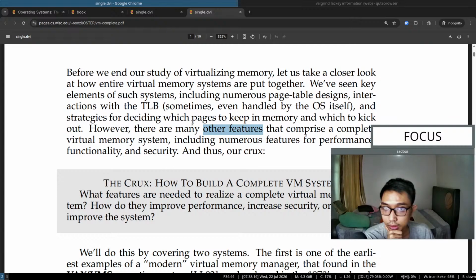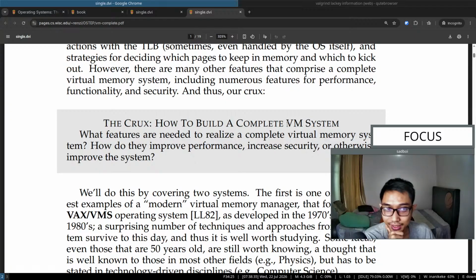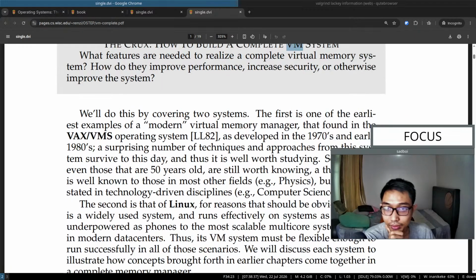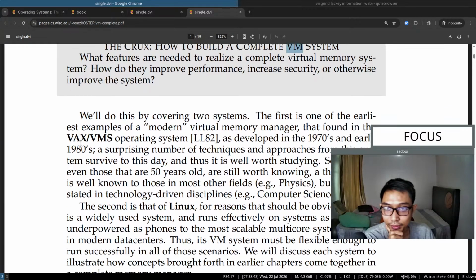Okay. So maybe this is the main point of the virtual memory system. Yeah, sometimes when I think of VM, I usually think of virtual machine, not virtual memory.